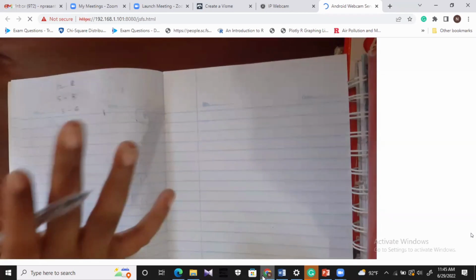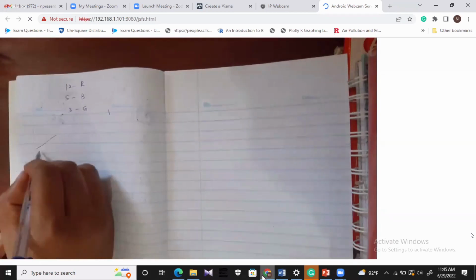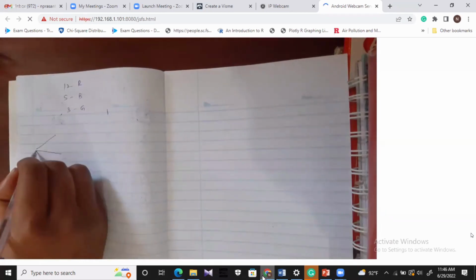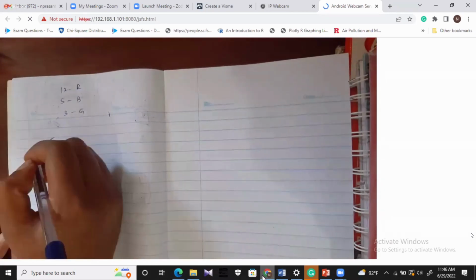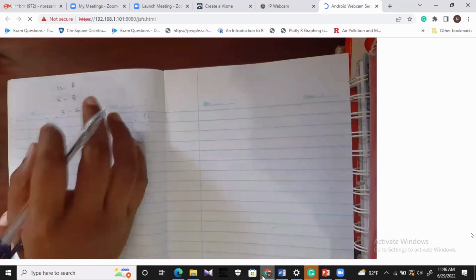Now we have only one bag, and we are taking two balls. We cannot draw a tree diagram to illustrate those possible outcomes if we consider taking two balls at once. It's really difficult. Therefore, we may think we are taking one ball twice.